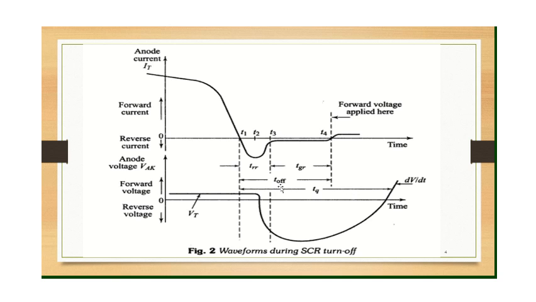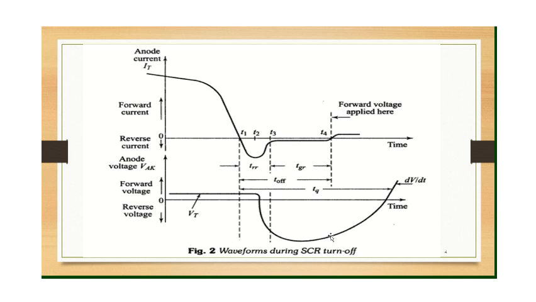So the total time, you can take it as tq, because this is the total duration for the recombination to take place. Actually t off is the summation of the reverse recovery time and the gate recovery time.